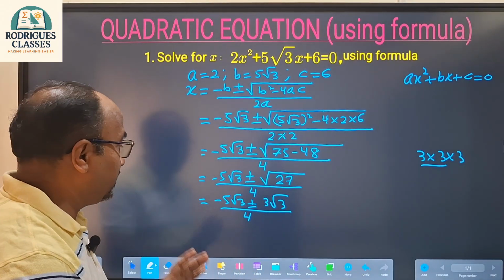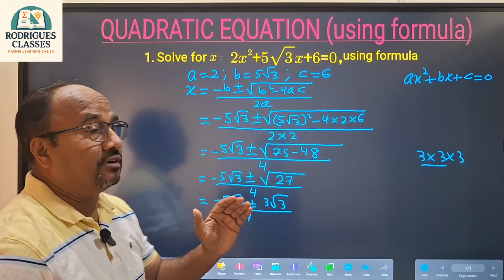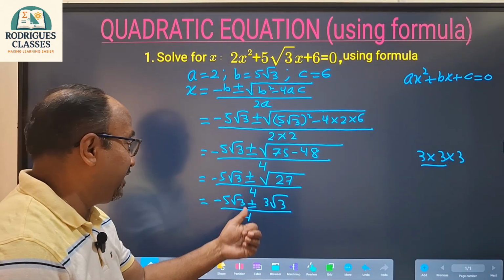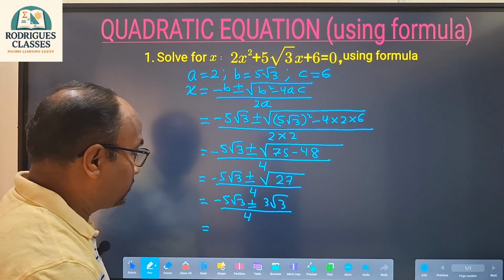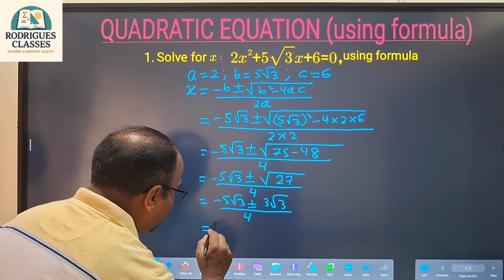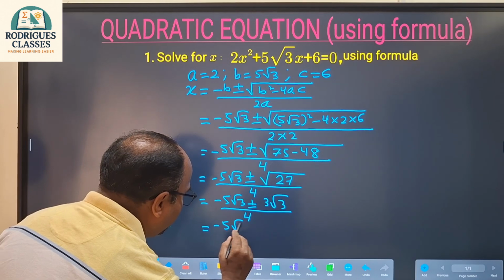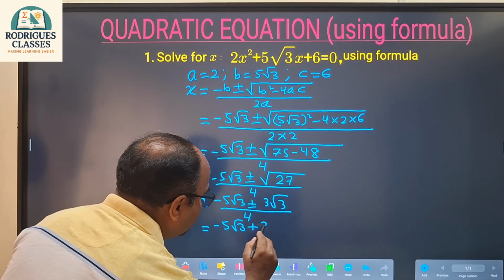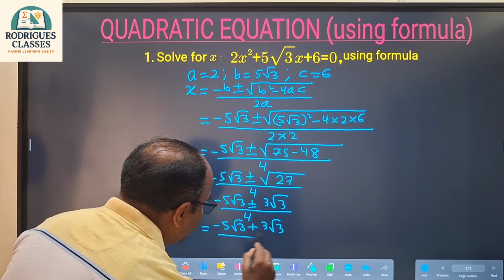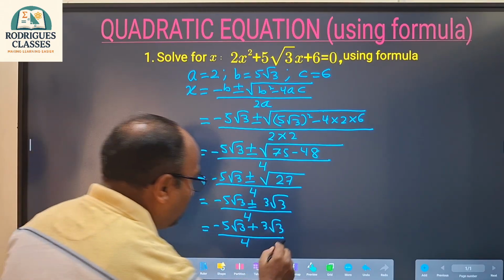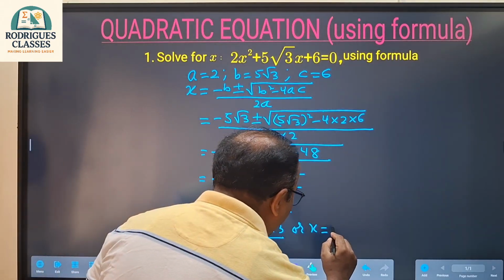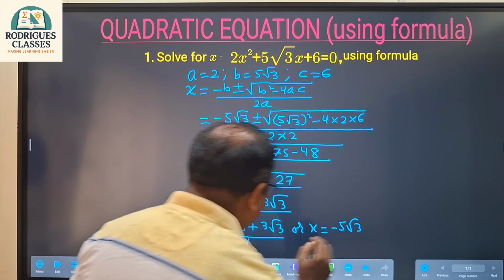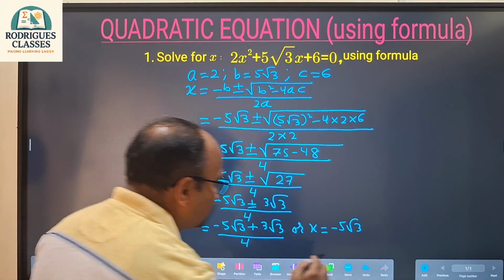So we have got here the values together. We will separate them by taking one's plus and then taking minus. So we split it up into two parts over here. Minus 5 root 3 plus 3 root 3 by 4, or x is equals to minus 5 root 3, and next time I will be taking this minus 1.